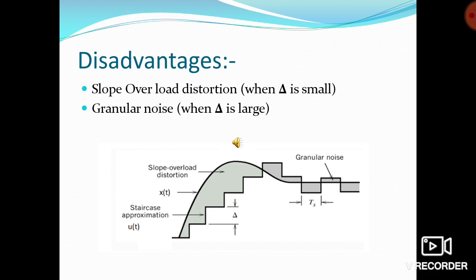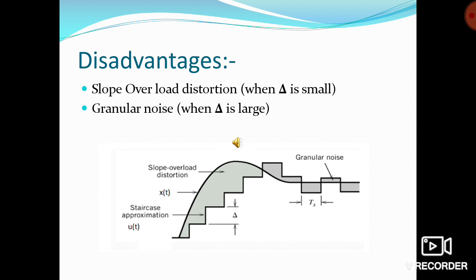Next, granular or idle noise. Granular or idle noise occurs when the step is too large compared to small variation in the input signal. This means that for very small variation in the input signal, the staircase signal is changed by the large amount del because of the large step size.